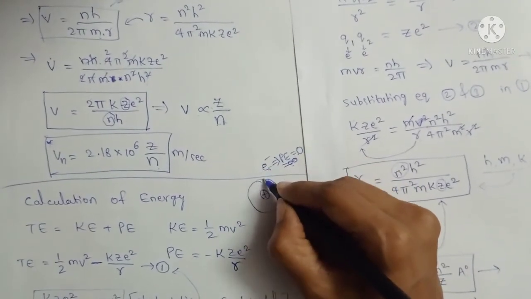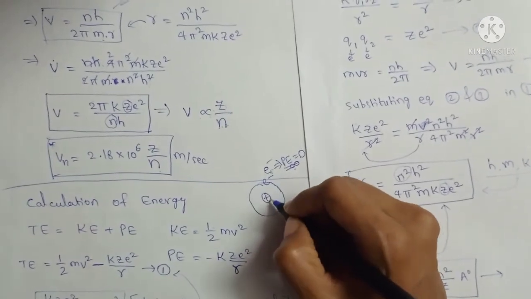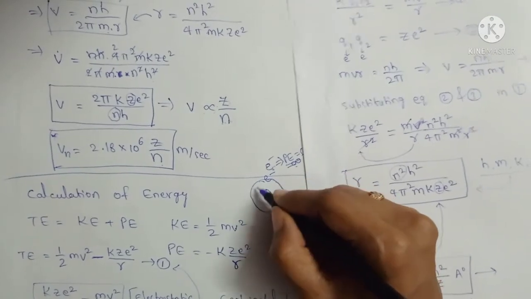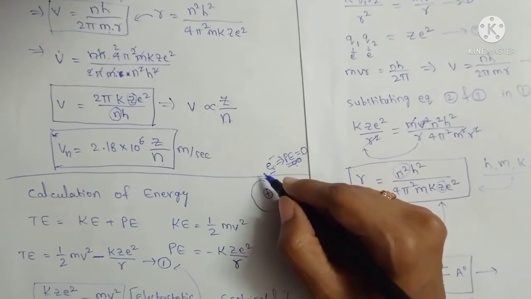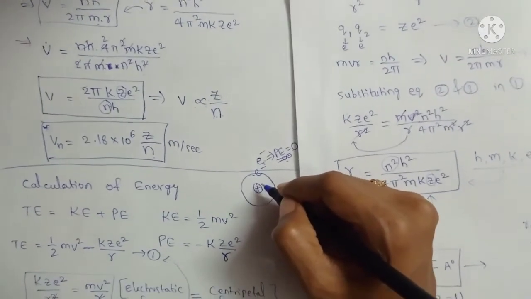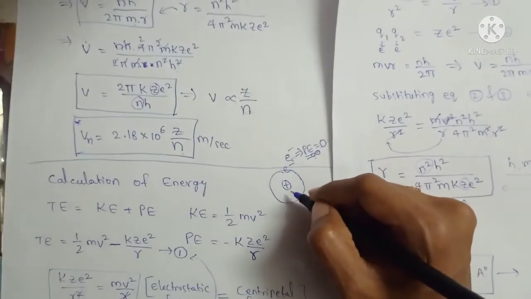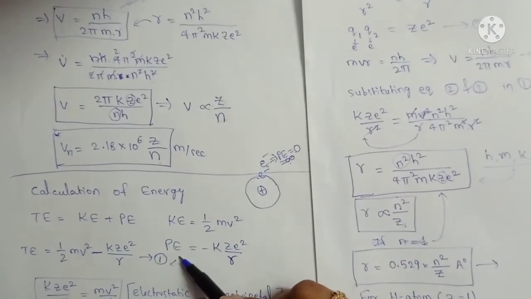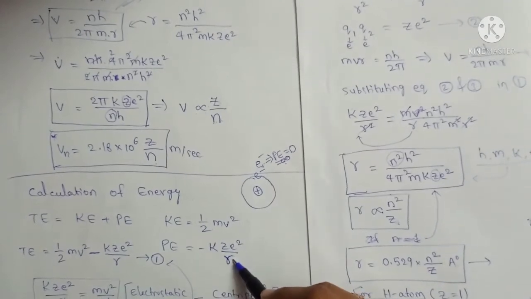And if it is under the electrostatic force of attraction with the nucleus, it will revolve around the nucleus. Due to motion, it will have kinetic energy, and also potential energy. So kinetic energy is half mv square, and potential energy is minus k Z e square by r.